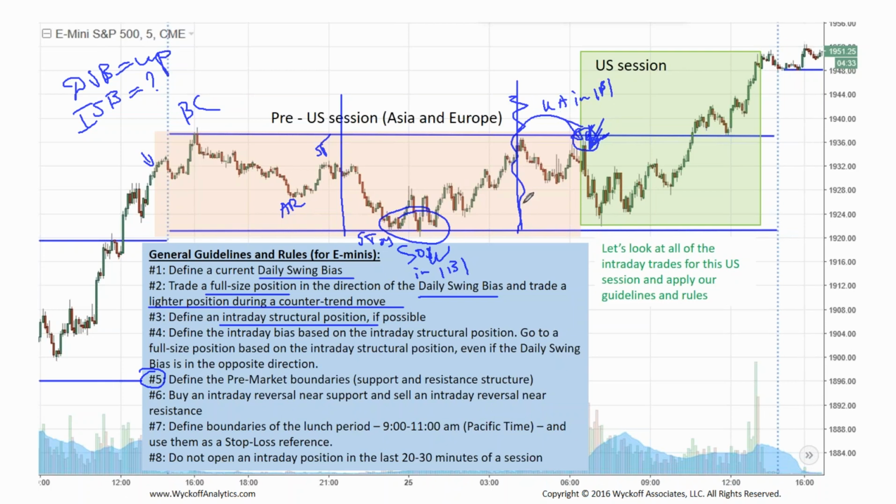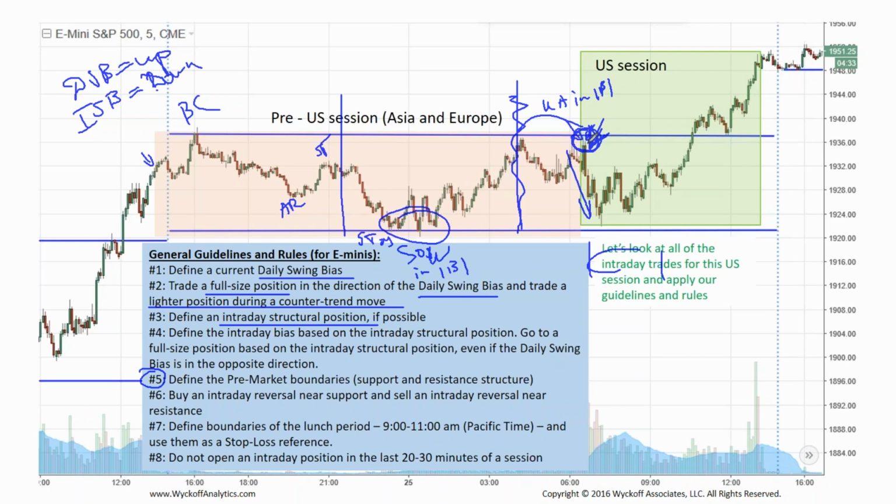And therefore, any attempts to go down will be to go down into potential phase C. So structurally, we know that we might have a move to the downside into phase C. Therefore, our intraday structural bias is down at this point, at the opening of the U.S. session.